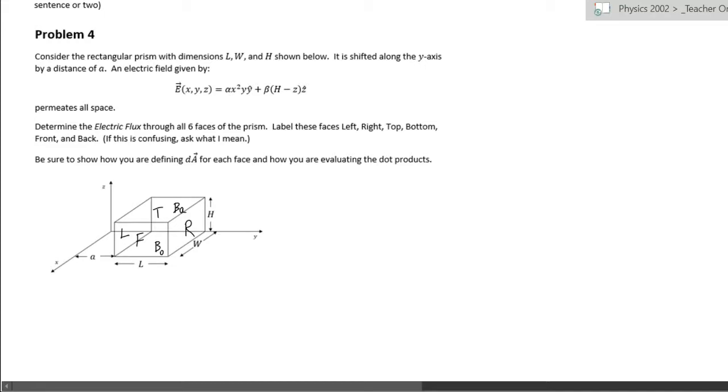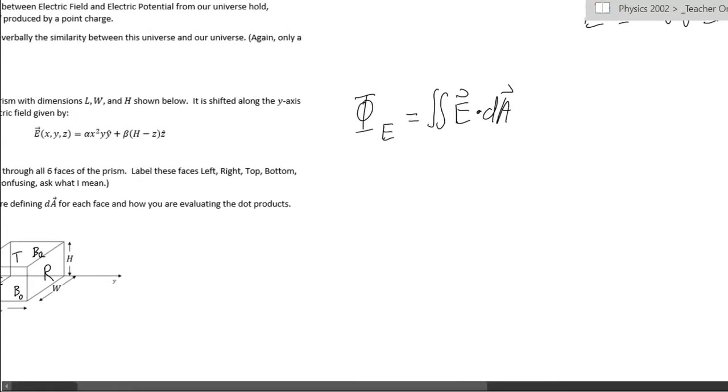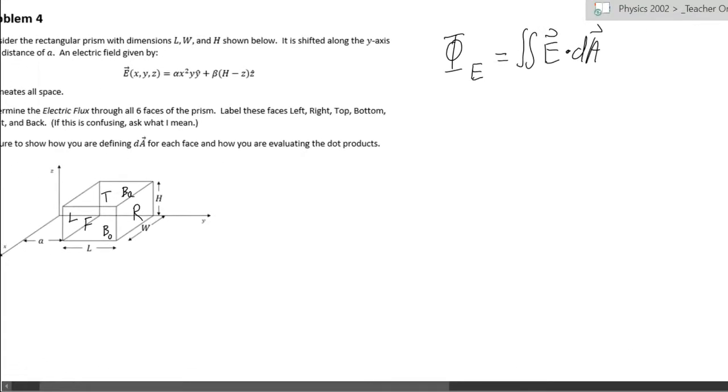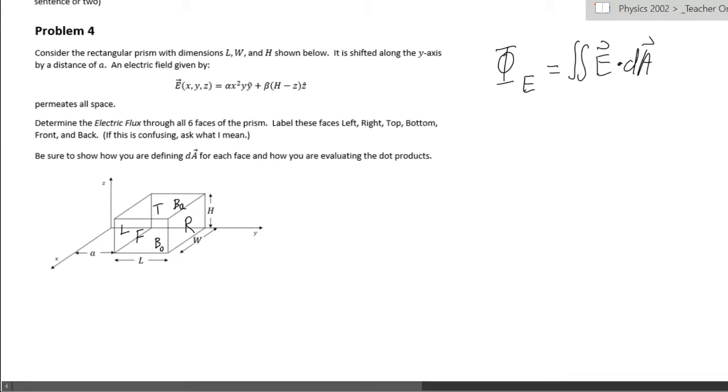And so what we want to find is the electric flux, which is going to be equal to the integral of E vector dot dA. And this is a double integral because it is over an area. Single integrals over lines, double integrals over areas, triple integrals over volumes. So here, let's start with finding the electric flux out of the top face.